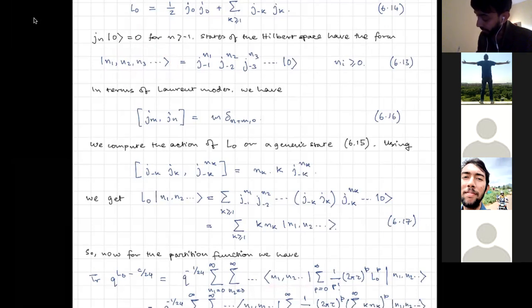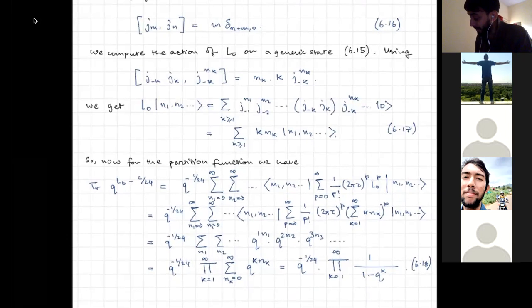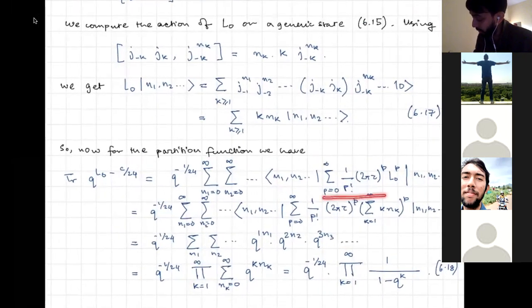What have I done? I have just written down, I've just expanded the exponential, and I have taken the trace over the state n1, n2, dot dot. And the sum means that we are doing the thing over all the states of the theory.